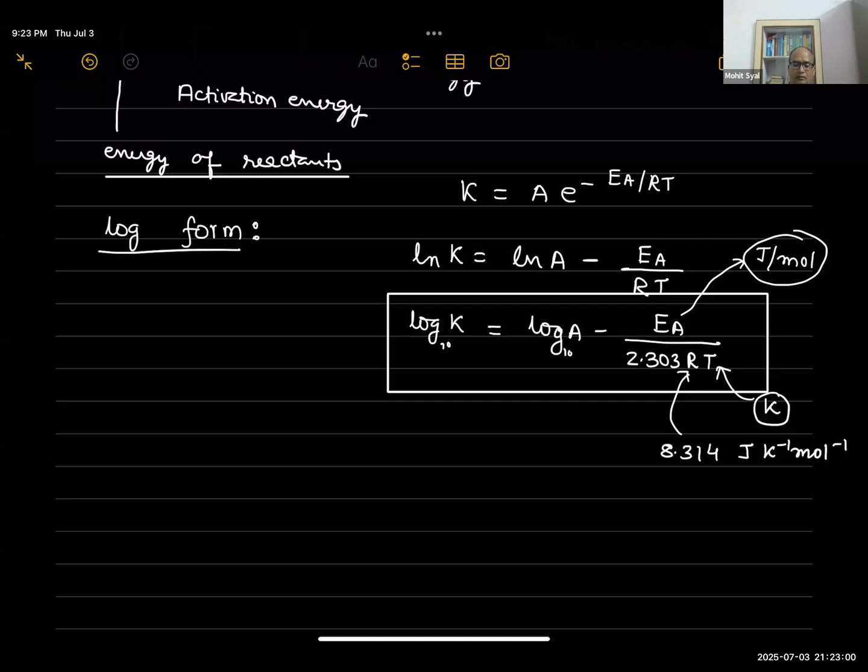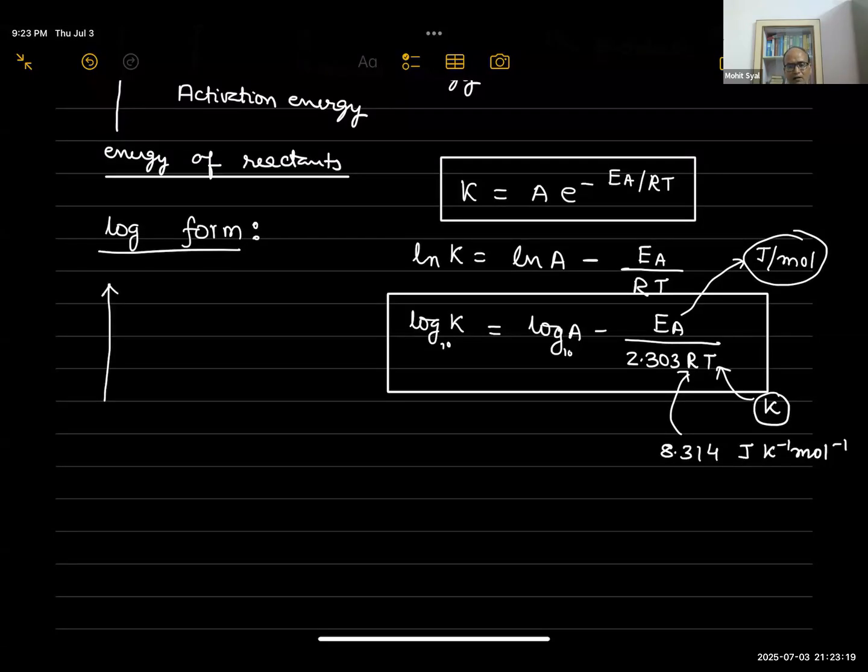This is the equation, but normally you cannot use it to get the value of the rate constant without a calculator, because you need to take the log. And if you plot the graph between log k and 1 by T, you will have a linear graph, right?